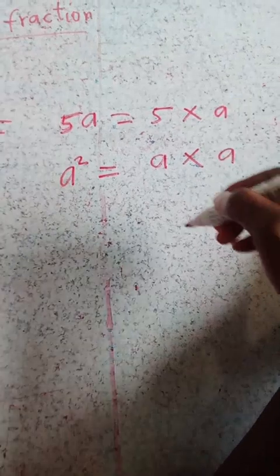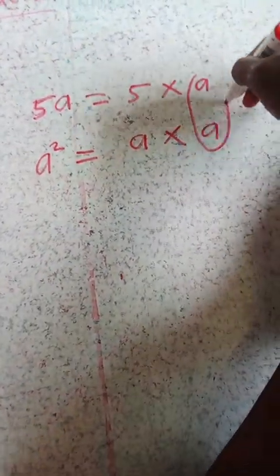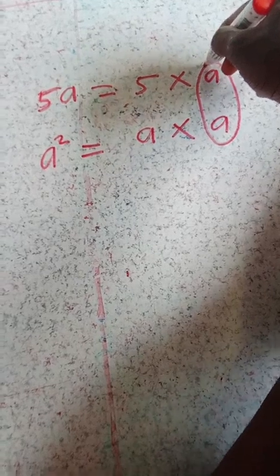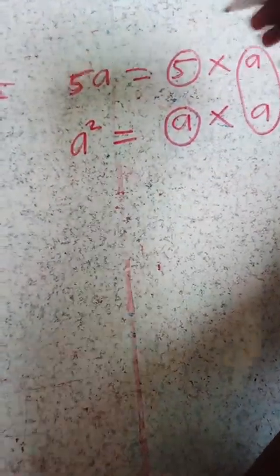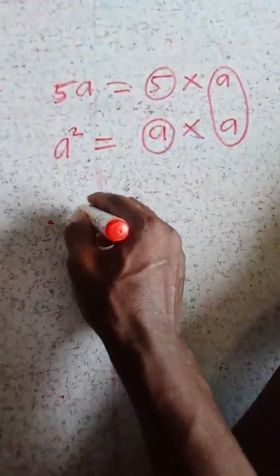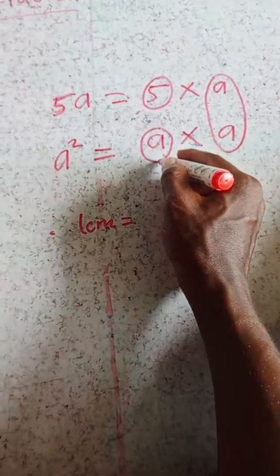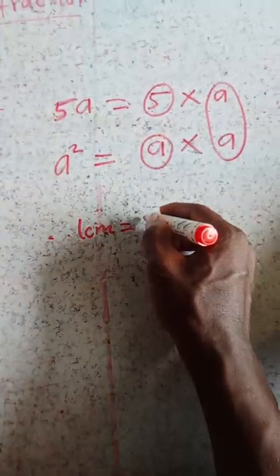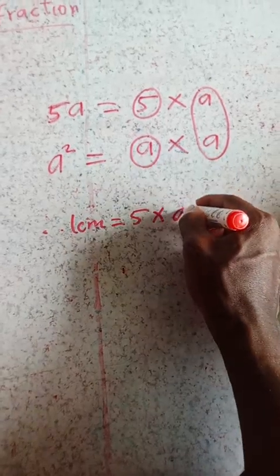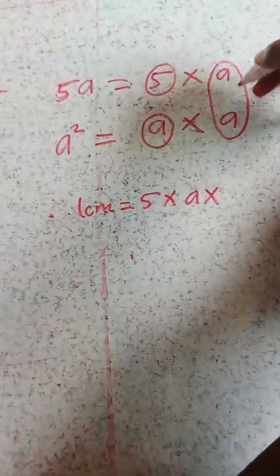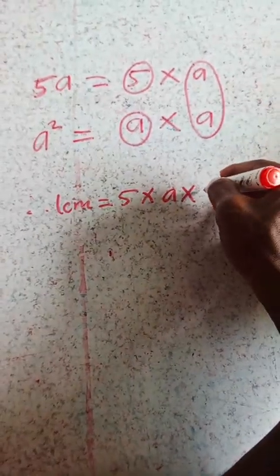Alright, is there any common factor? Yes, this a and this a are common, but this other a is not common, and the 5 is not common. Therefore, the LCM is the 5 that is not common, times this a that is not common, times one of the common a, as we have been doing.